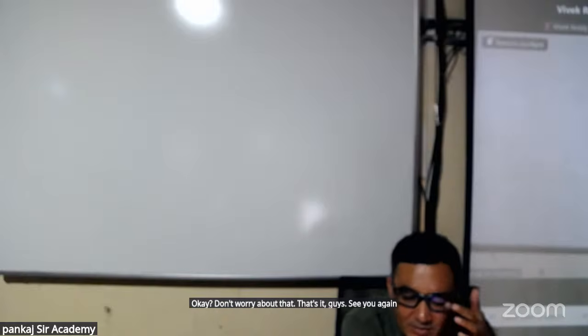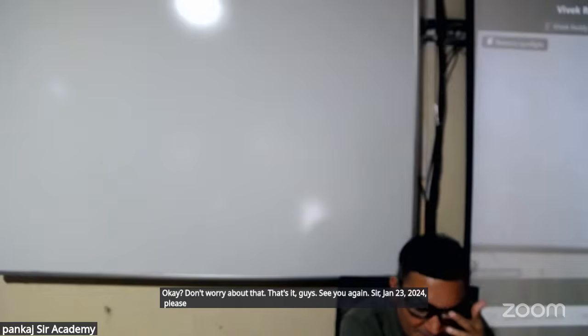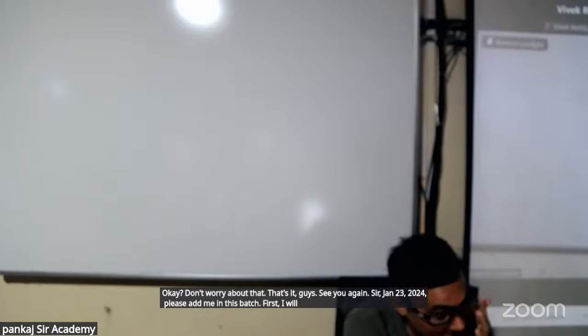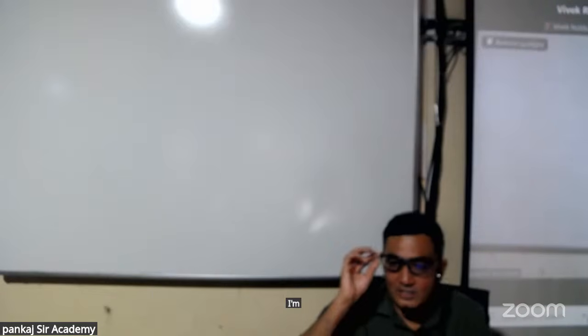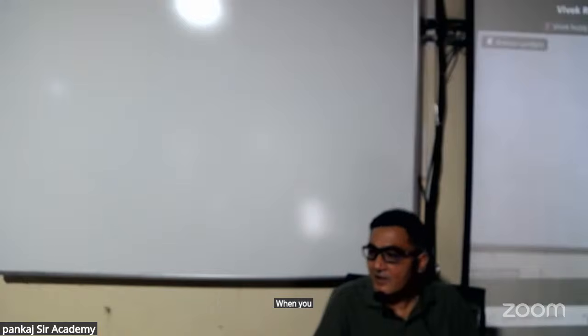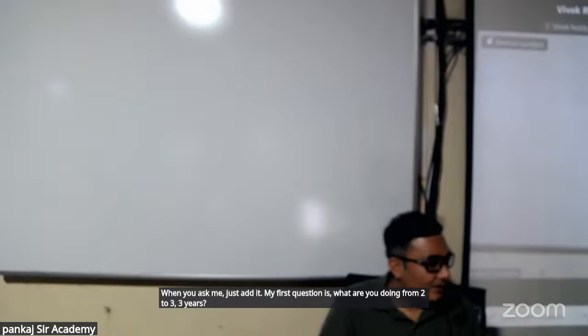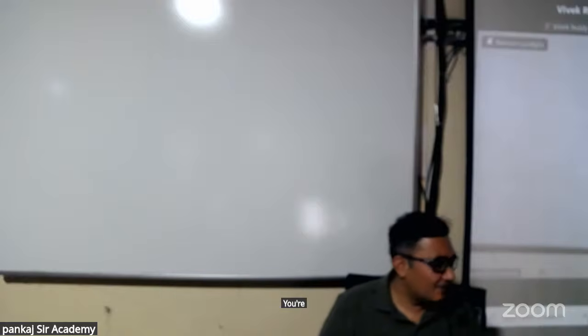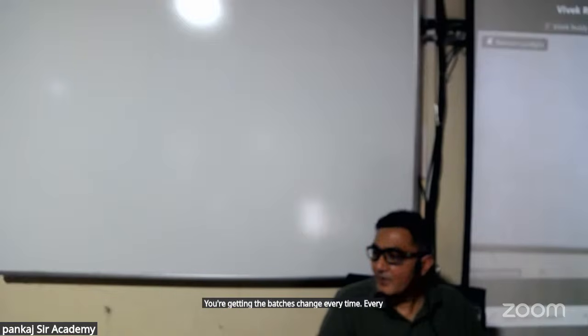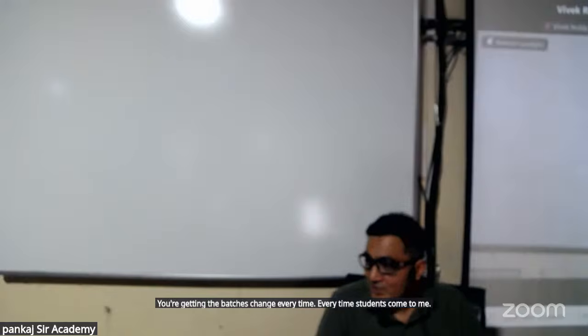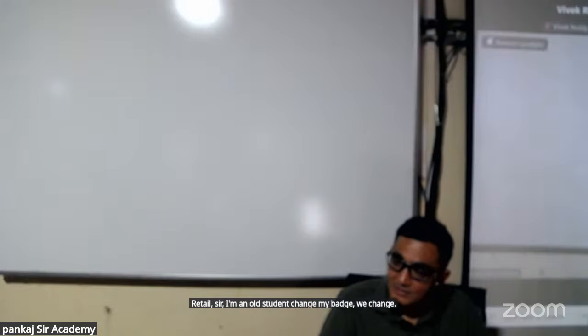Sir, Jan 23rd, 2024, please add me in this batch. First, I will cross question you, Praveen. I'm not going to add all the students, just when you ask me, just add it. My first question is, what are you doing from 2 to 3 years? The batches change every time. Every time students come to me, they tell, sir, I'm an old student, change my batch. We change. Again they miss.